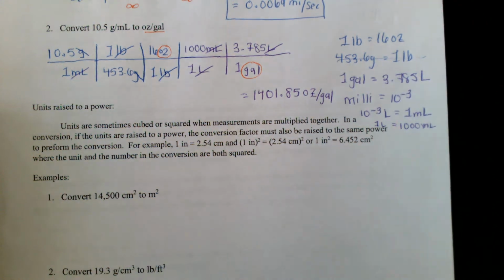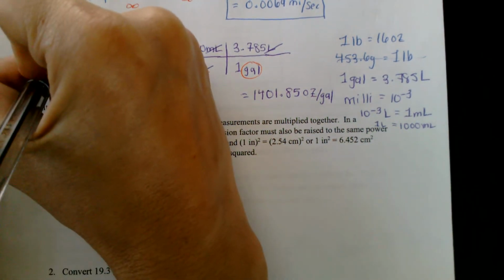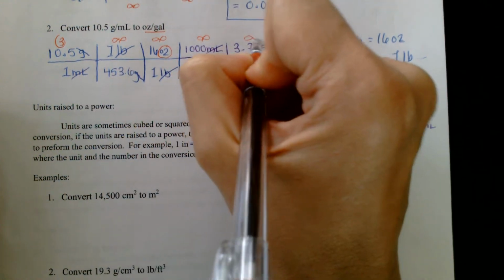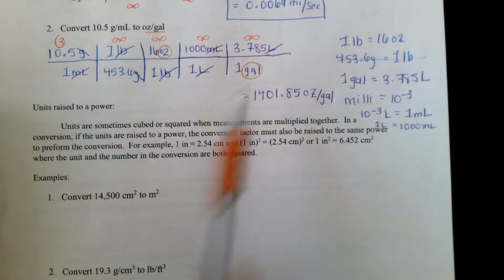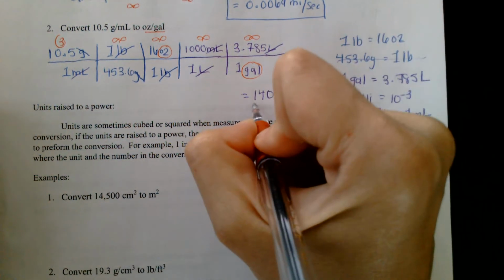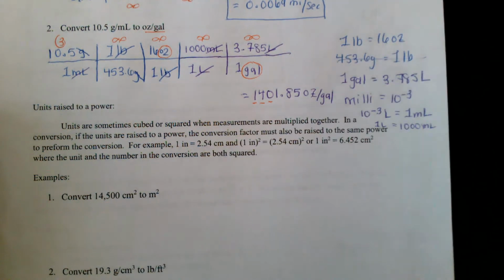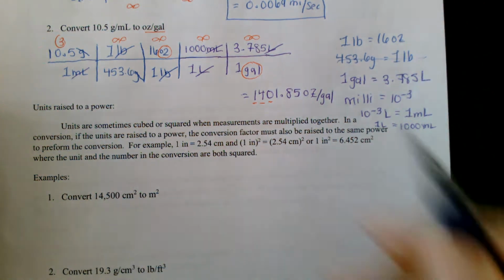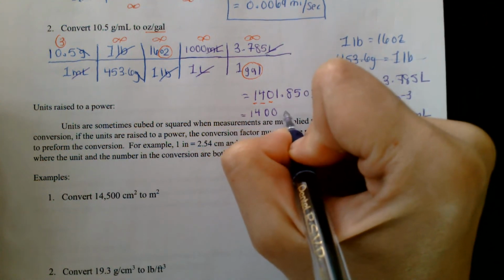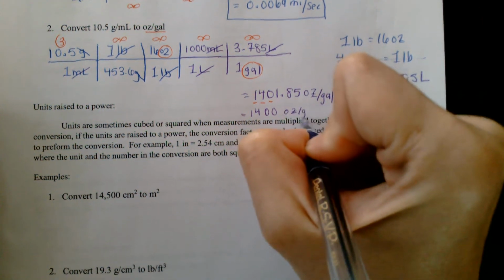Okay, so let's look. So we have 3 significant figures here. So again, all of these are sort of definitions or exact numbers. So we'll call those infinite. So we want to report this to 3 significant figures. That'd be 1, 2, and 3. So this would give us 1400 ounces per gallon.